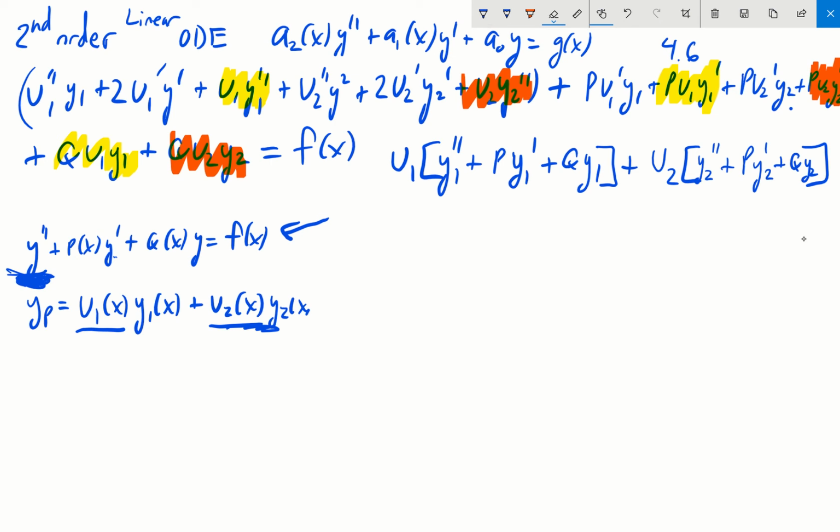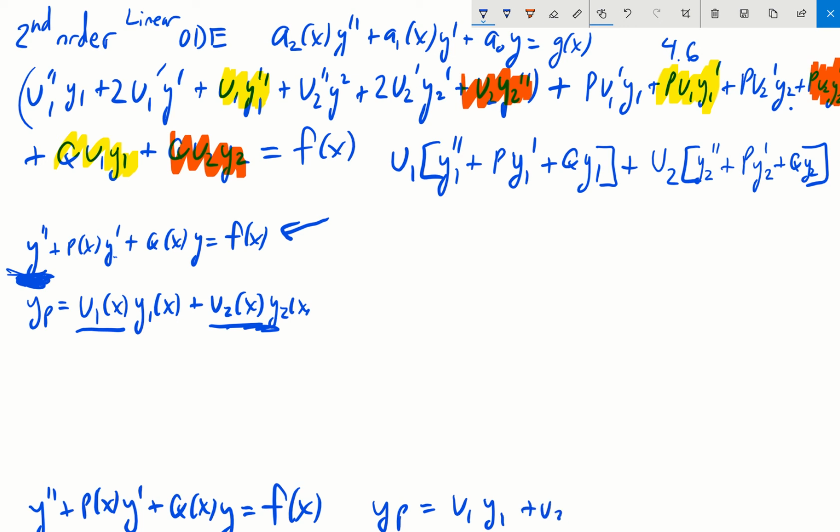So keep in mind, let me write this at the bottom: y double prime plus p of x y prime plus q of x y equals f of x, and yp, we're looking at it as u1 y1 plus u2 y2.